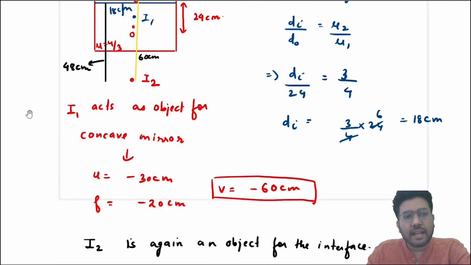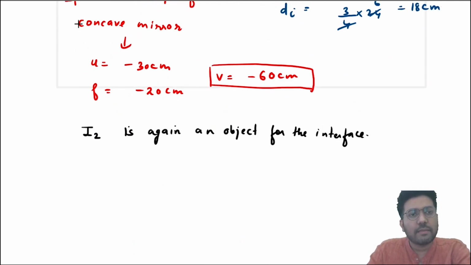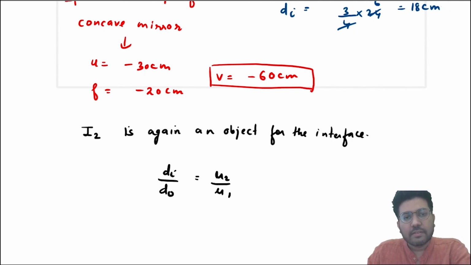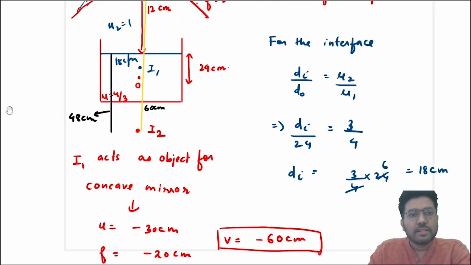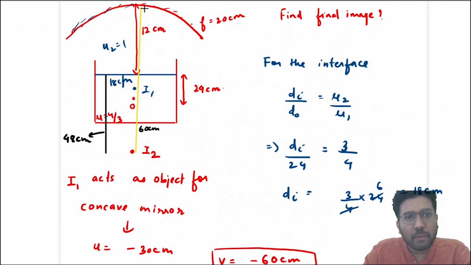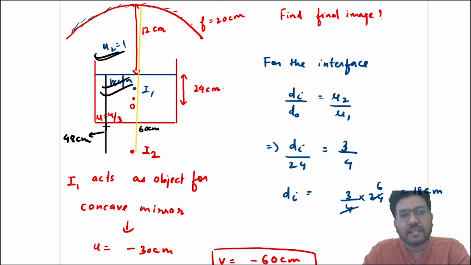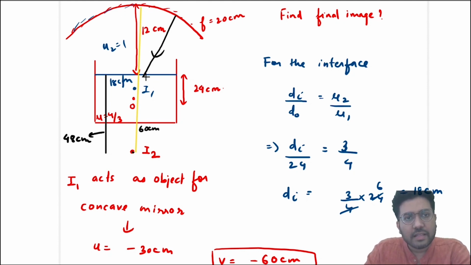So I'll write again di by do is equal to mu2 by mu1, that is, di by 48 centimeter is equal to mu2 by mu1. You have to be careful now. This time, after reflection, light is moving from here to here, striking this surface.